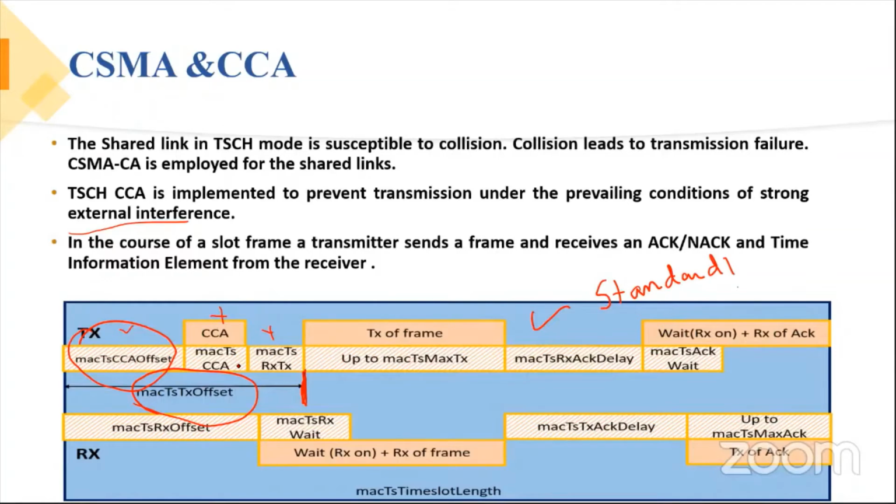I'm making an assumption that it is successful. So you are doing TX of the frame, which can last up to MAC TS max TX. This is the amount of time that you have declared. Up to that time, you can do a transmission, and after that you have to give a delay, and then you have to wait for the ACK to come. So go and do your transition to MAC TS ACK and wait there.